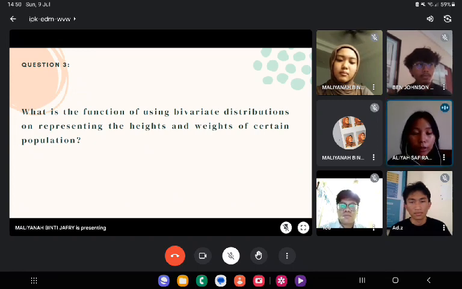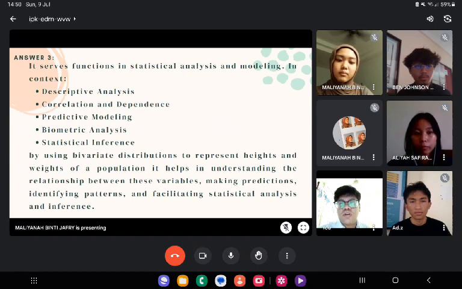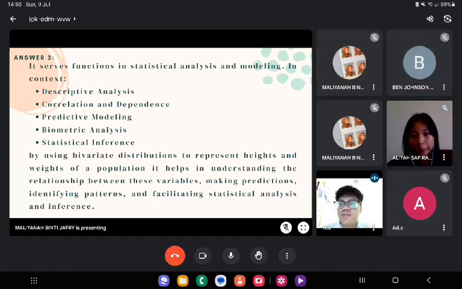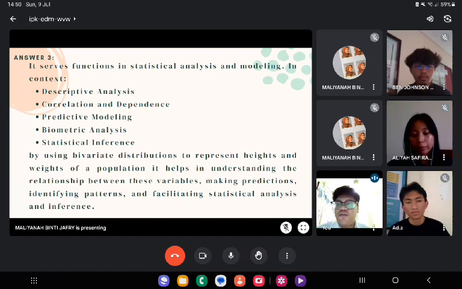So the next question is, what is the function of using bivariate distributions in representing the heights and weights of a certain population? The answer is that the function is statistical analysis and modeling in the context of descriptive analysis, correlation and dependence, predictive modeling, biometric analysis, and finally statistical inference.